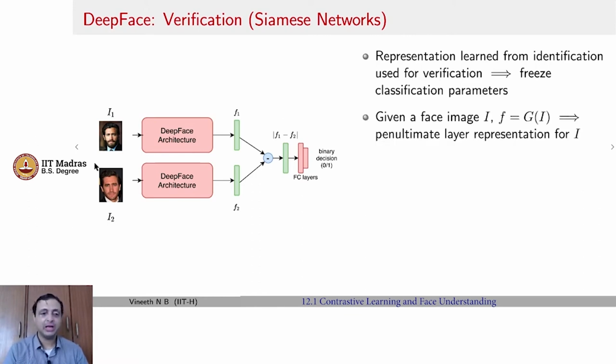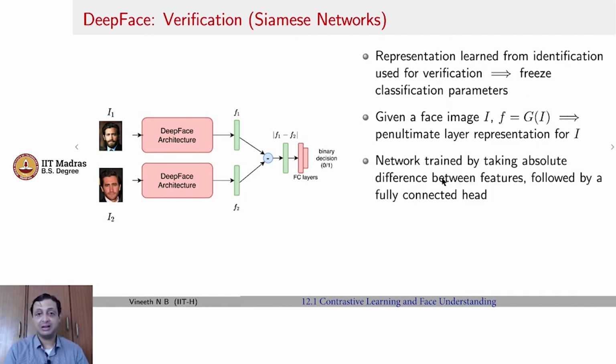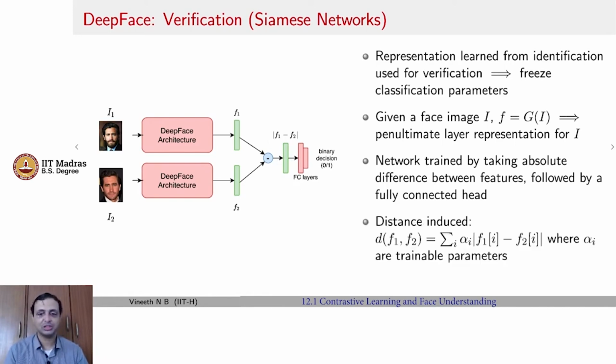Given a face image I1 and its corresponding image in the record which the person claims to be, I2, you get two representations, F1 and F2, which is G of I1 and G of I2. The rest of the network is then trained by taking an absolute difference between F1 and F2, followed by a fully connected layer, and then your final binary decision as a sigmoid activation function.